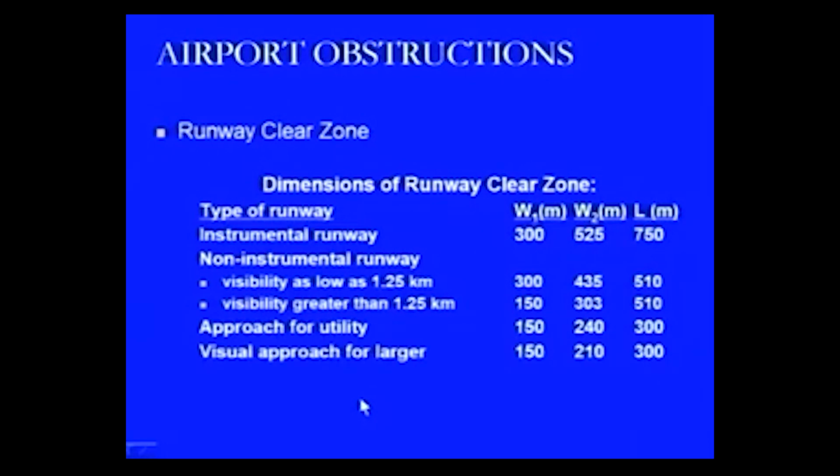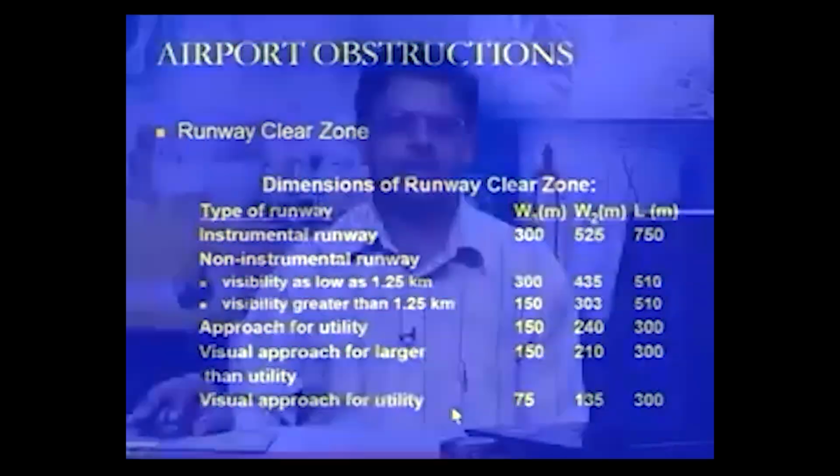Then the approach for utility is 150 meters, 240 meters and 300 meters respectively. In the visual approach for larger than utility, this is defined by the values of 150 meters, 210 meters and 300 meters, and the visual approach for utility is defined by the values 75 meters, 135 meters and 300 meters.